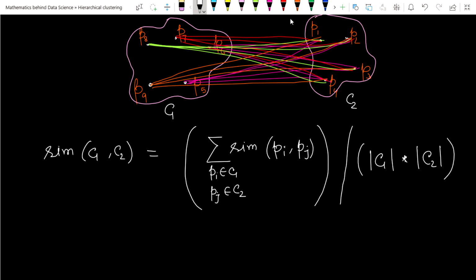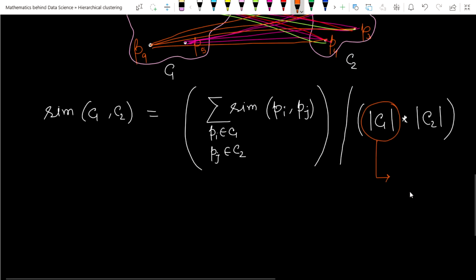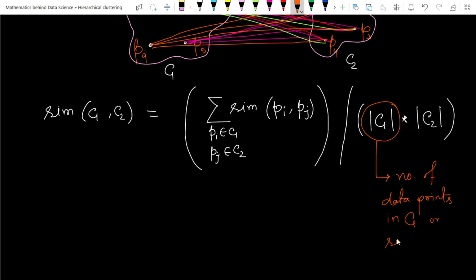Okay, and what do these things mean? These things, the size of C1, means the number of data points in C1, or the size of C1.